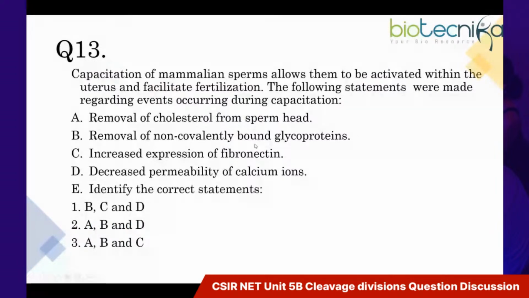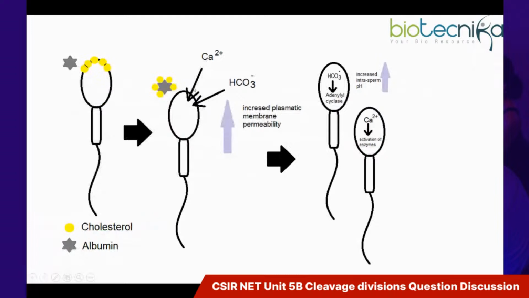And there will also be some glycoproteins which are bound non-covalently on the sperm membrane. Actually, those are peripheral types of proteins, you can say. So even these will be removed along with cholesterol. And what happens is that the calcium will get inside.